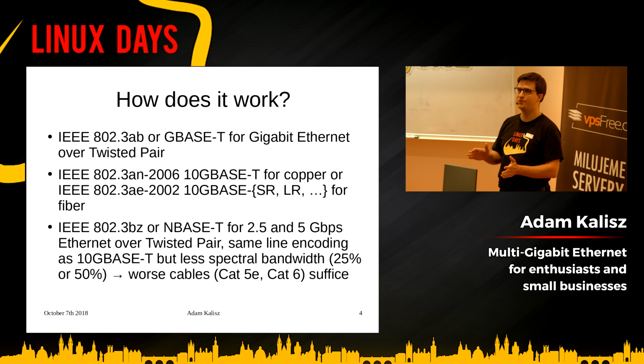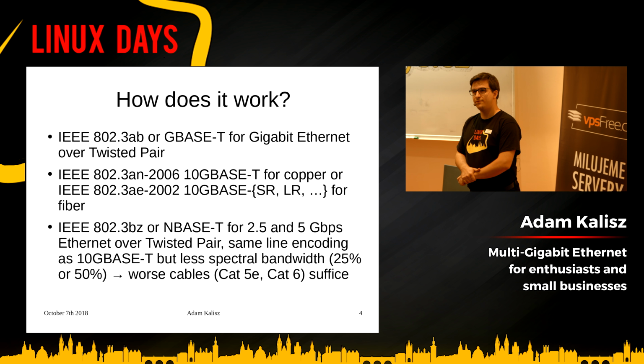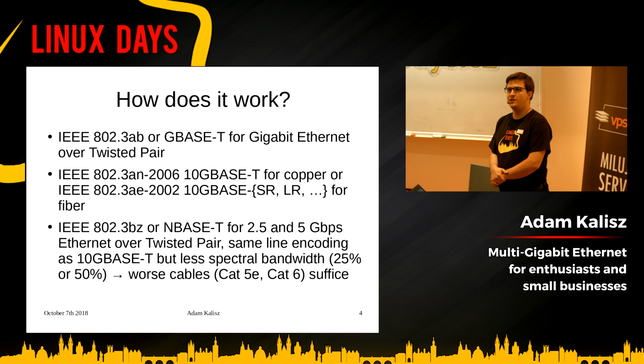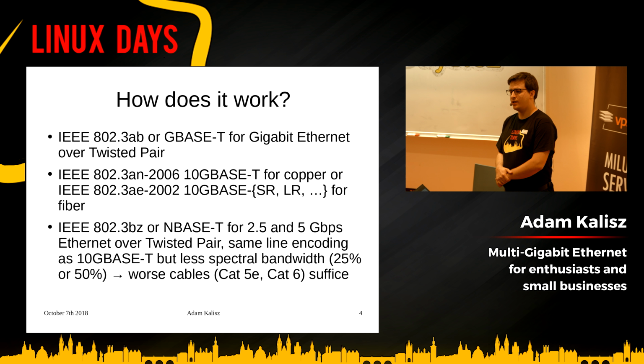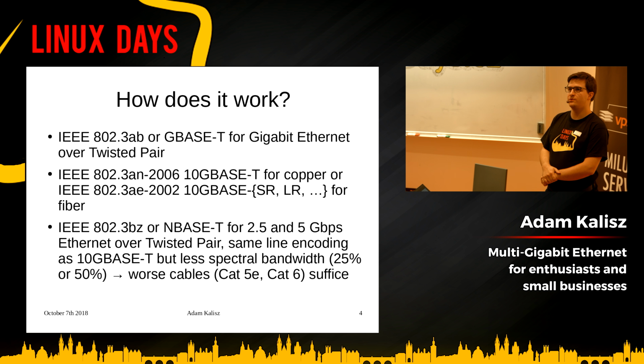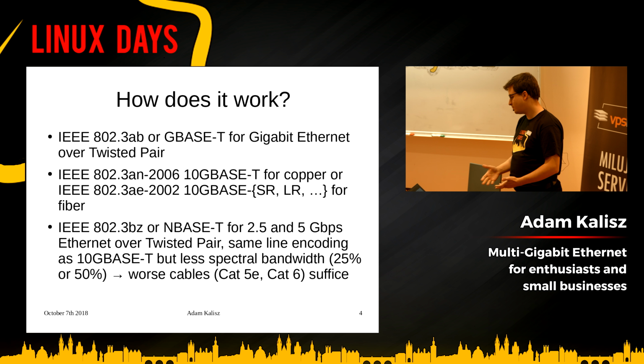So you are able to use worse cables for these interconnects and still use the whole 100 meters of cable. So this is very good because most deployments are still on category 5E cables, and in those cases you get 2.5 times speed increase without changing the cables, which is always a factor.